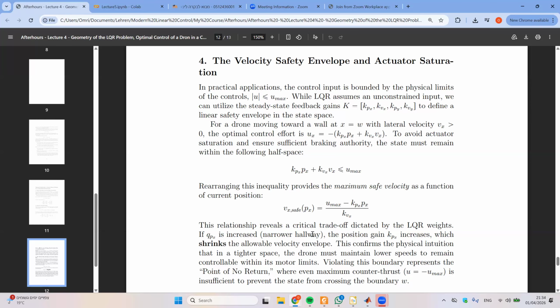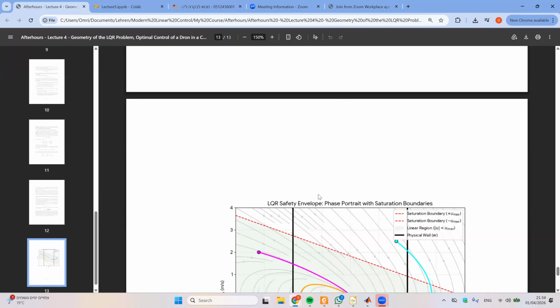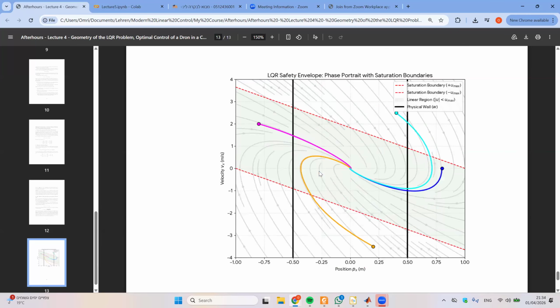Everything works fine. Now we can plot this problem for some initial conditions. Clearly, the mathematics don't really care about the wall and they don't care about the constraint on the controller, but this is what we have.